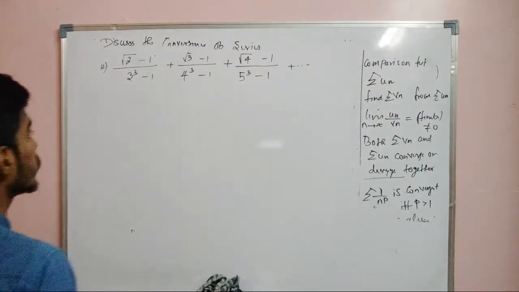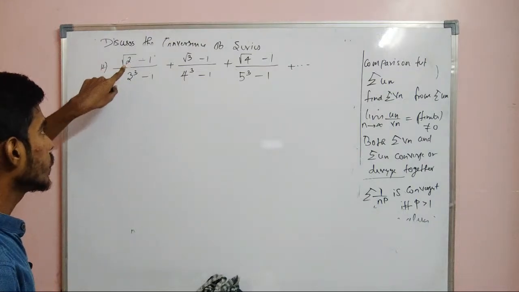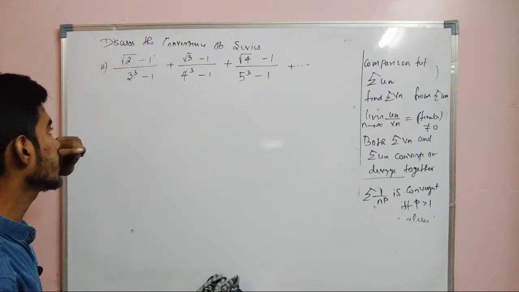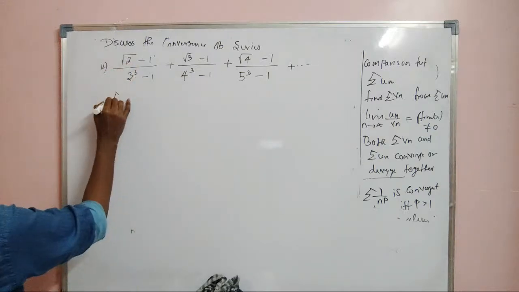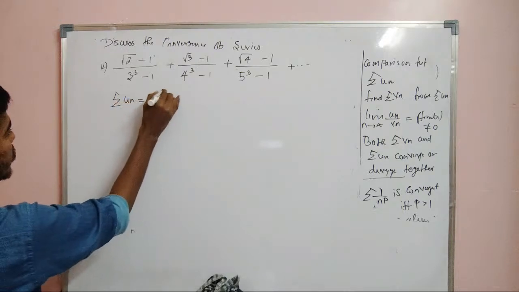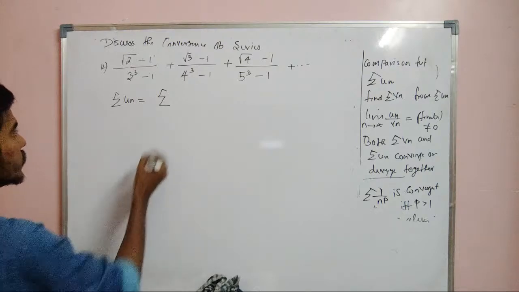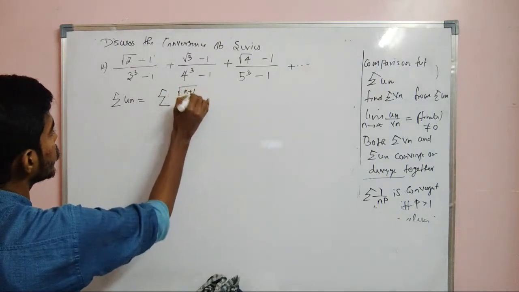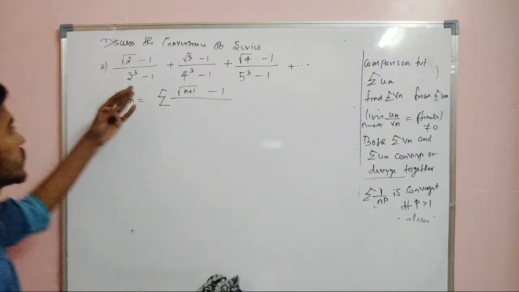Now you can see this is nothing but root n plus 1. So if n is equal to 1, you will have this, and you can see 3 is fixed for all the terms. So we can write un straight away, or we can also use the a plus n minus 1 d formula, which was said at the beginning of the video. This is nothing but root n plus 1 minus 1 divided by 3, 4, 5 and so on.